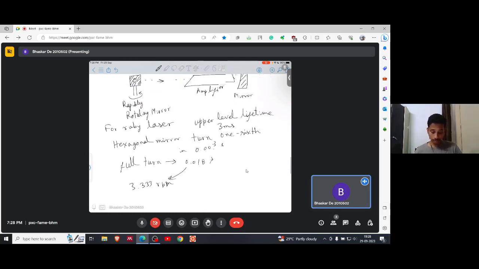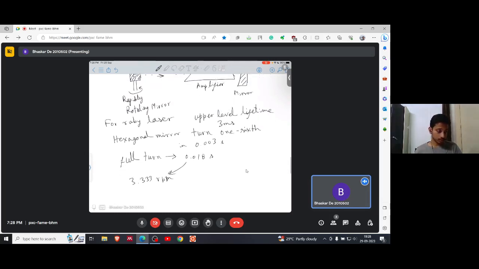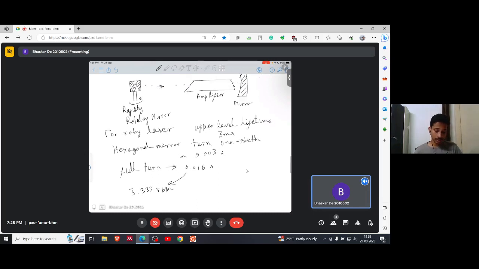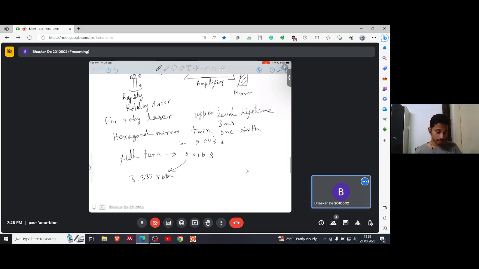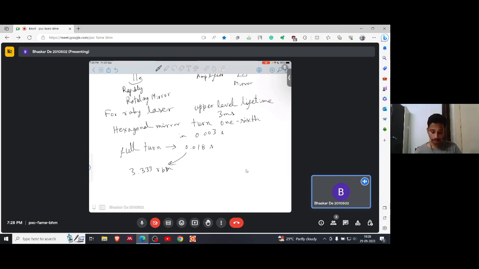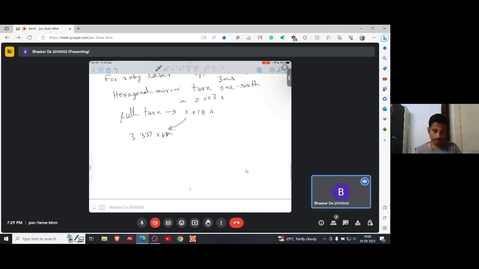Now the problem with this method is that the rotation should be uniform and the mirror cannot be very big, as if it is very big then it will cause some kind of vibration problem in the cavity, which is not desirable in the laser, because we need to stabilize the laser as much as possible.